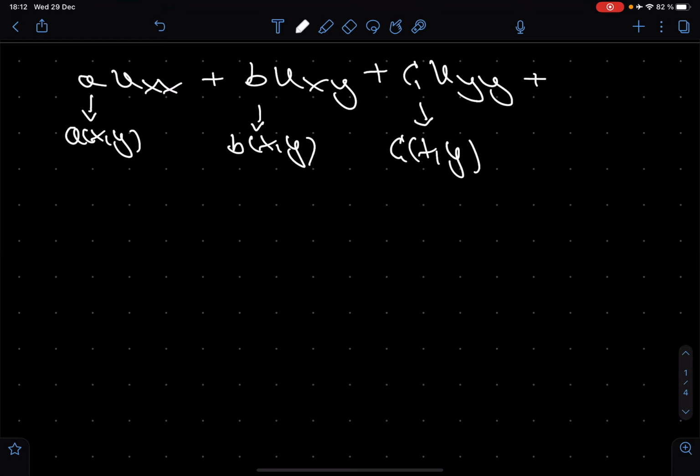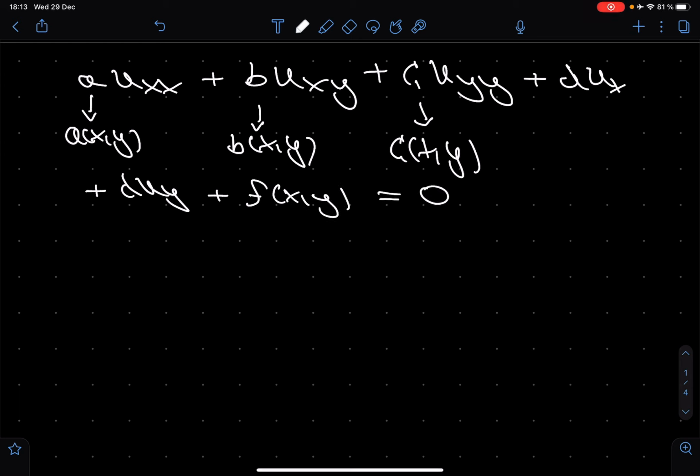We can actually go on with the coefficients for the first derivatives, plus any other stuff or any other function. But if you name all of this just first order stuff, it will make it easier, because that's the important thing.